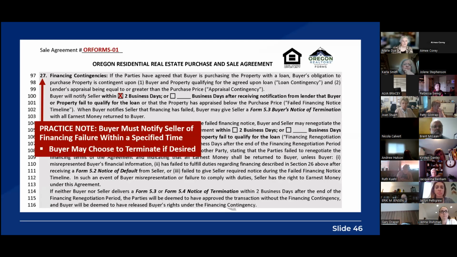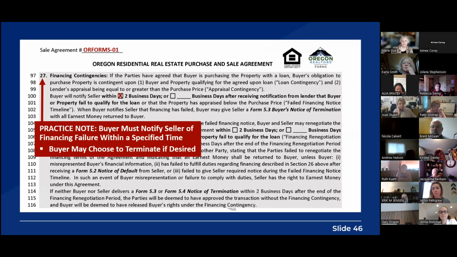Financing contingencies. If the parties have agreed that the buyer is purchasing the property with a loan, buyer's obligation to purchase the property is contingent on buyer and property qualifying, heard that one before, and the lender's appraisal being equal to or greater than the purchase price, the appraisal contingency. The buyer must notify the seller of financing failure within a specific time.